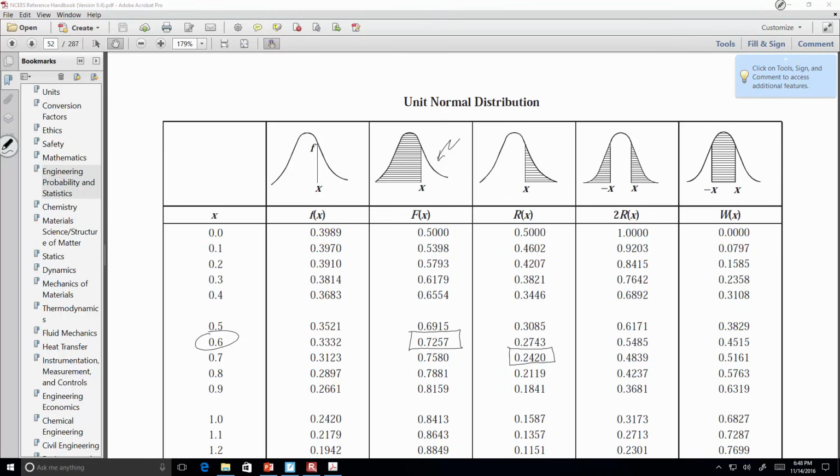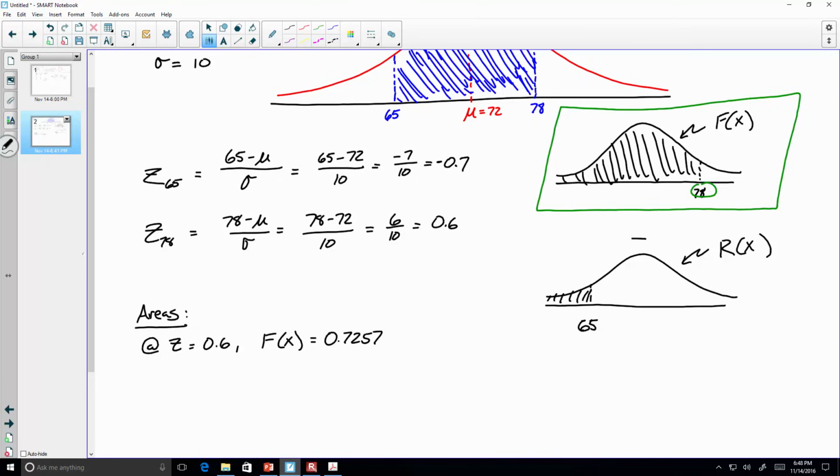So for your notes, you can say I'm just flipping it over. I'll say 0.7, symmetric, R of x, 0.2420.